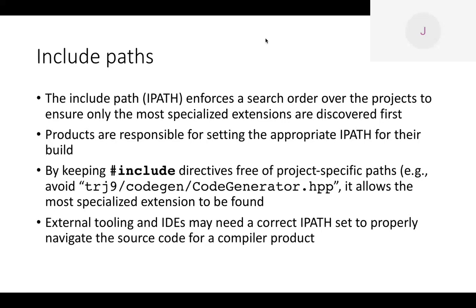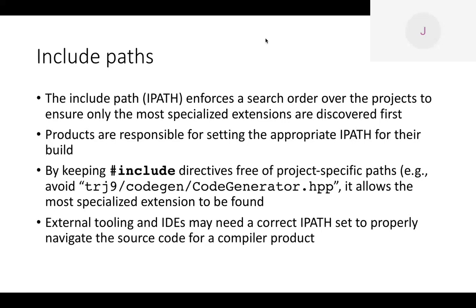You don't care about stuff that's been implemented for Lua. You don't care about stuff that's implemented for the Z processor or ARM. It doesn't matter. It's the iPath that makes sense for that particular project. The way that the whole thing fits together is by making sure that when you use these include directives, you have to use a path.